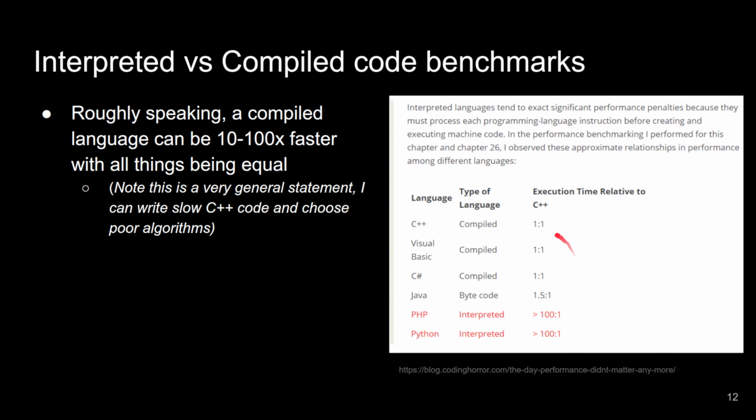Okay, so just to give you some sense of execution times, roughly speaking, these are from some benchmarks. You'd have to look at the actual code that's being run, but with languages like C++, which are compiled, versus Python, there's roughly 100 times faster speed performance.